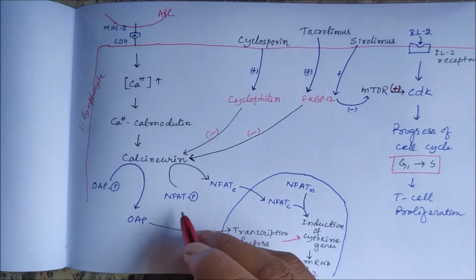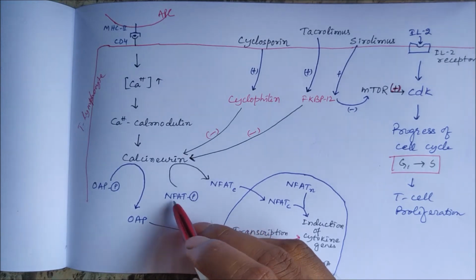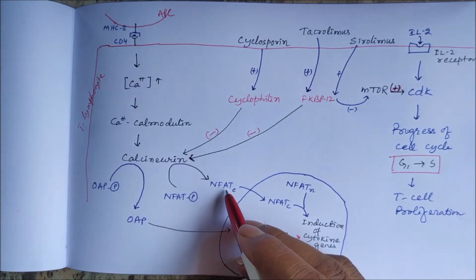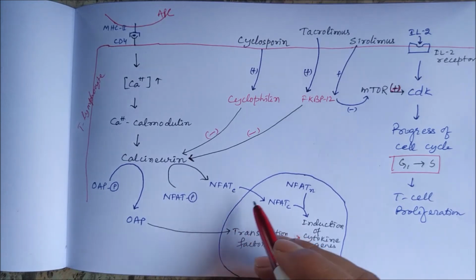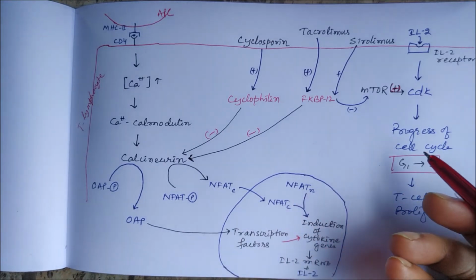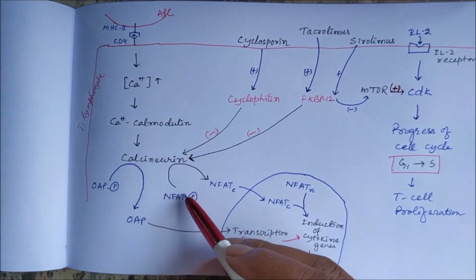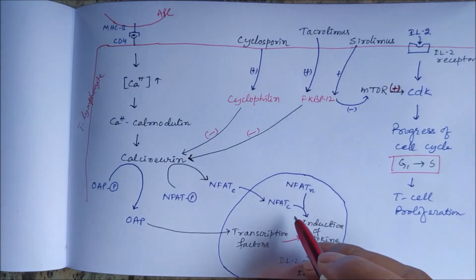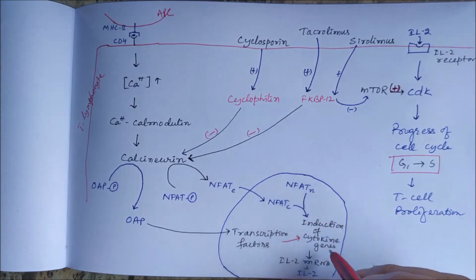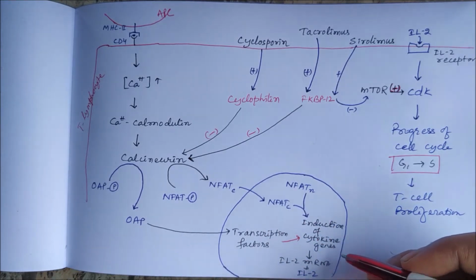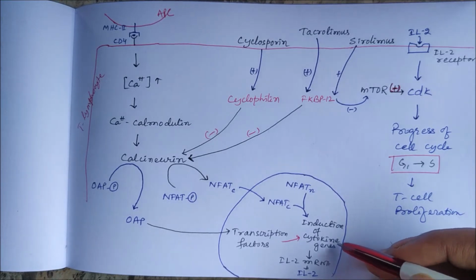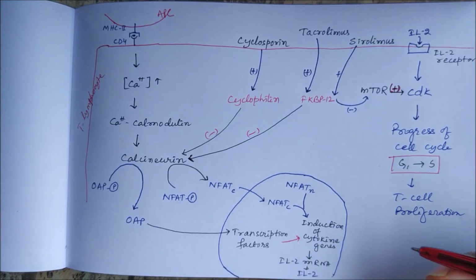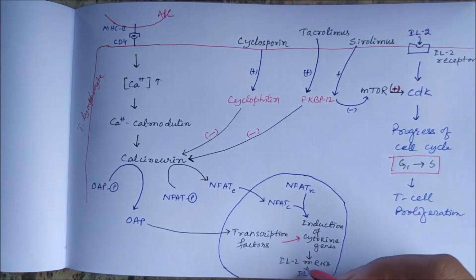So NFAT phosphate, there will be dephosphorylation to the cytosolic component, NFATC, this is the cytosolic component, and N is the nuclear component. So calcineurin activates this nuclear factor of activated T cells, and the cytosolic component and nuclear component together induce the cytokine genes, and because of that there will be transcription and formation of interleukin 2 messenger RNA, which will form interleukin 2.